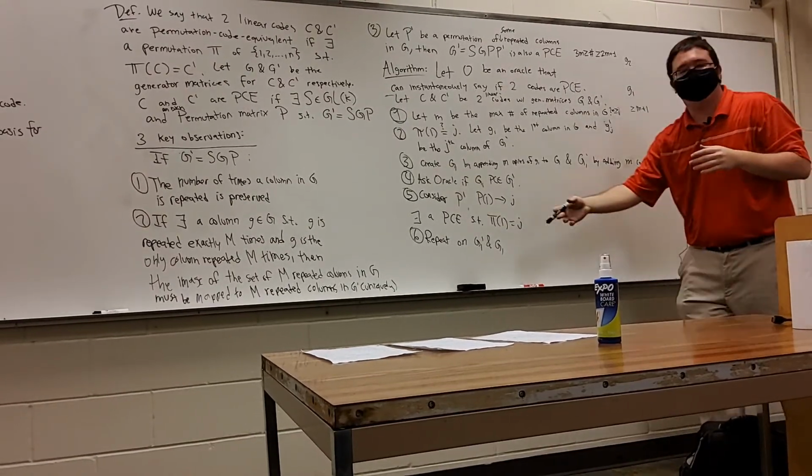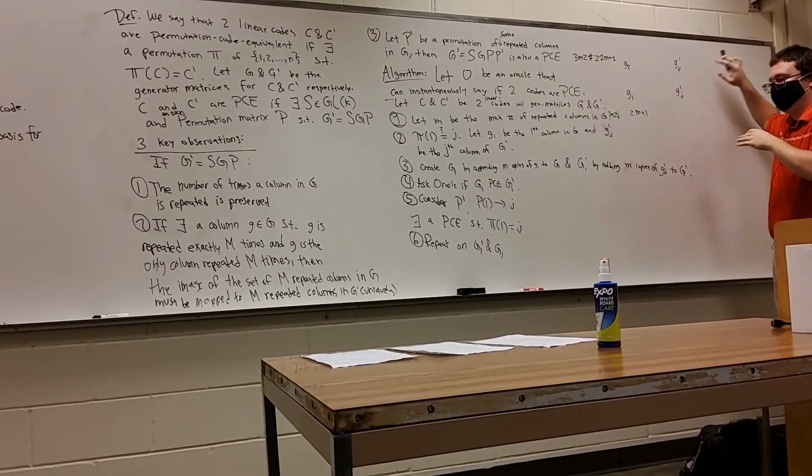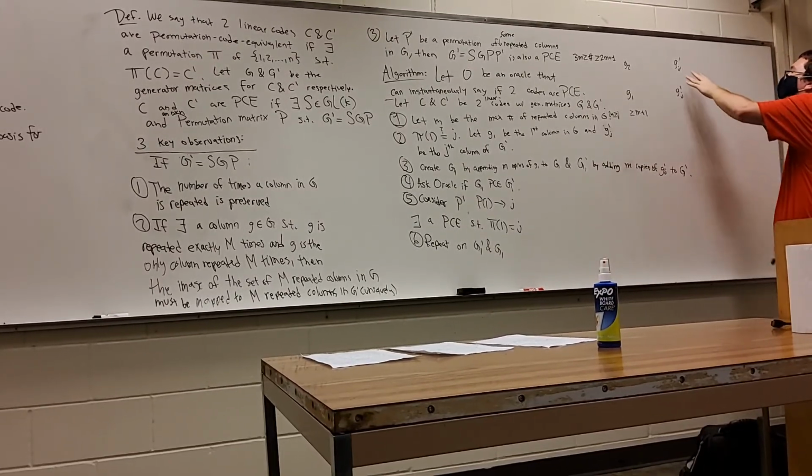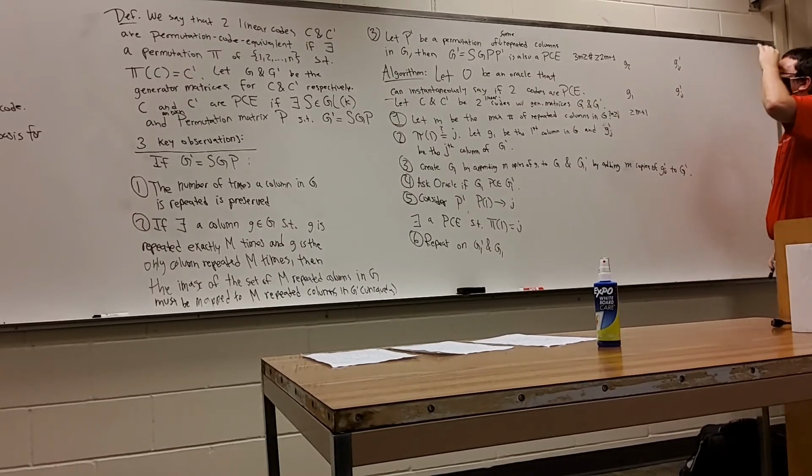I apply step 3 again to say that there's a permutation equivalence between 2 and J prime.